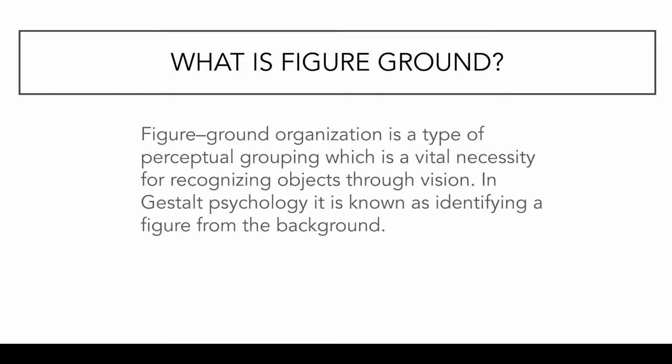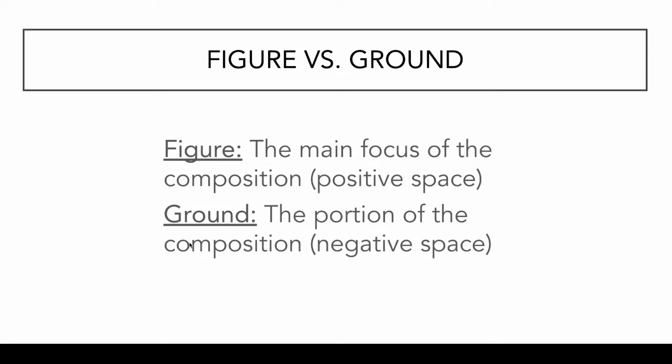But it's absolutely vital for our understanding of basic pictorial organization to understand what figure is and what ground is. This is, like I said, a psychological definition, and it helps our brains identify the figure from its background surroundings. Normally the figure is identified as the main focal point of the composition.